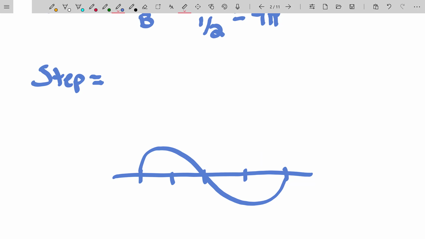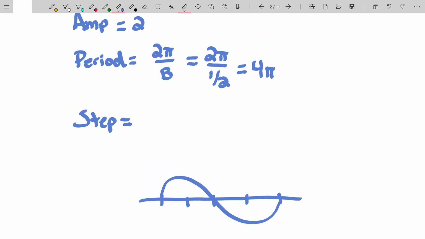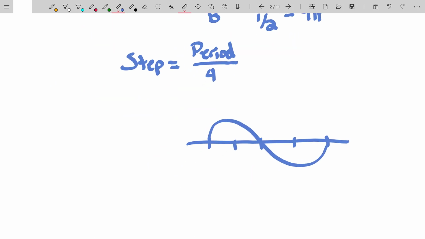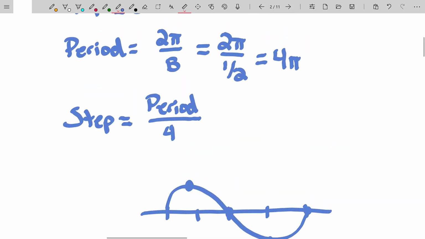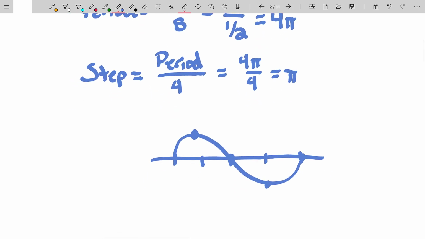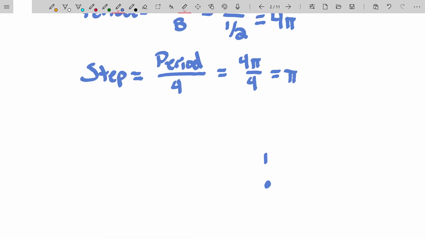So I'm going to take that whole period and divide it by 4, because each of those little subsections gives you a very important key point on that graph. The period is 4 pi. Divide that by 4 and we get pi. So that's the step size in this case.